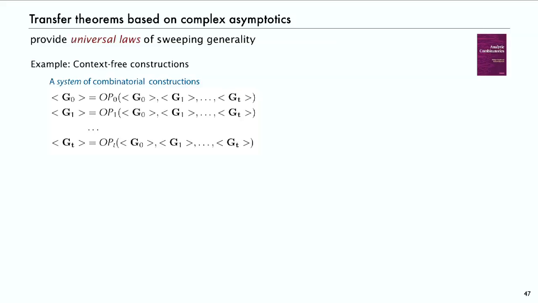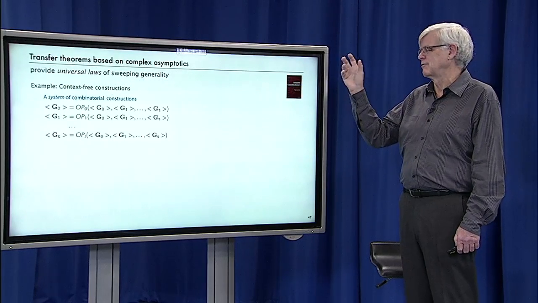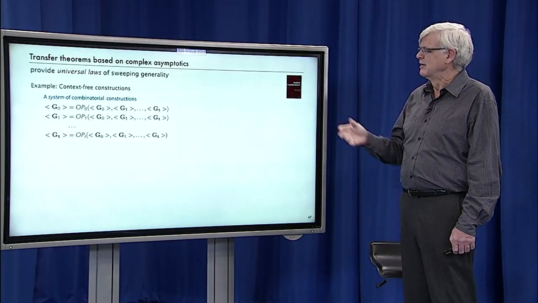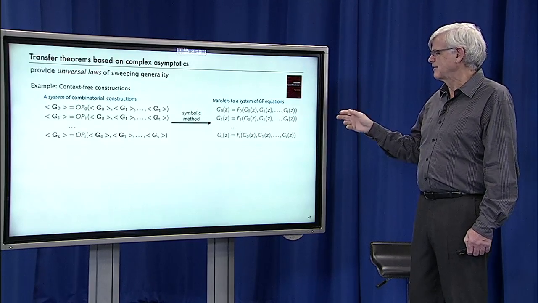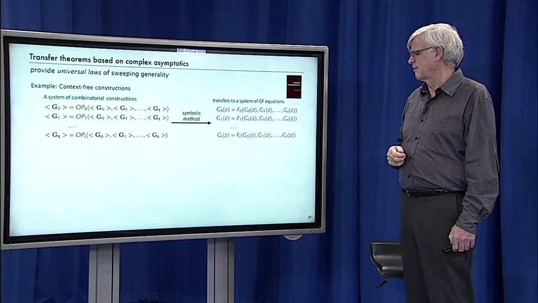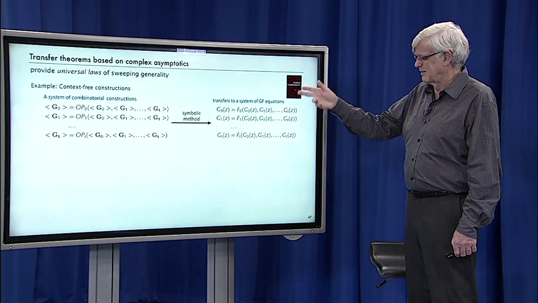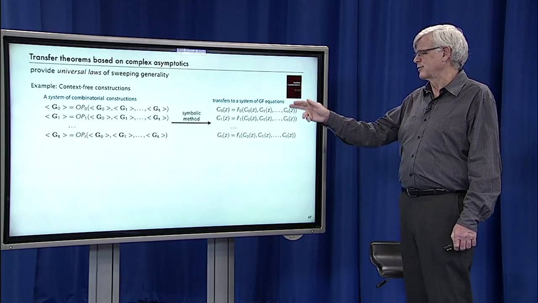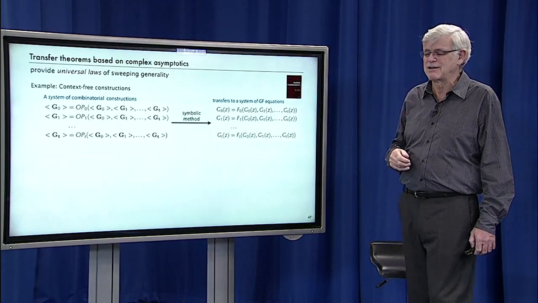You could have a much more complicated thing, a cycle of binary trees of sets of, well, not those, but linear combinations of combinatorial classes, a whole system of combinatorial constructions. Those immediately transfer to a system of generating function equations with the symbolic method. Well, that's good, but those generating function equations might be quite complicated and difficult to solve.